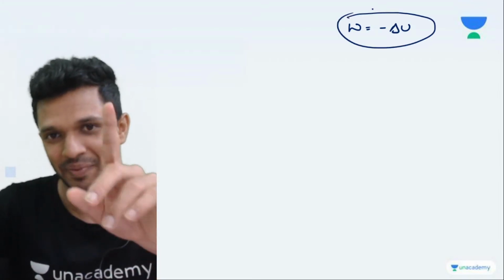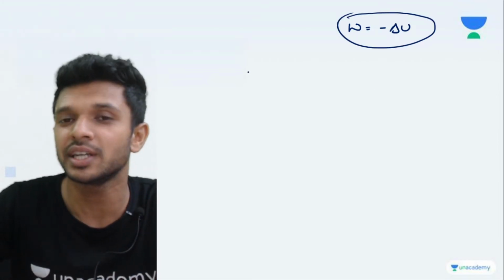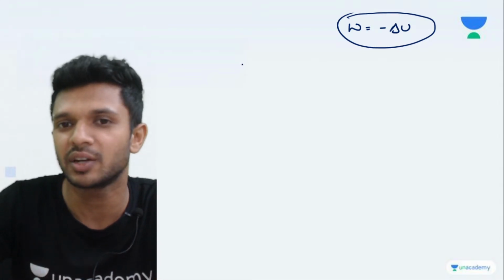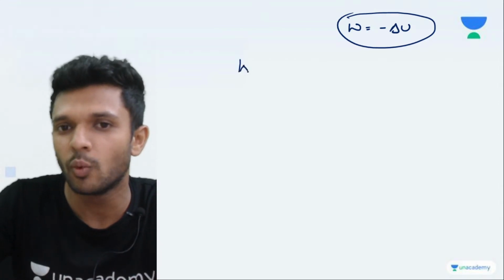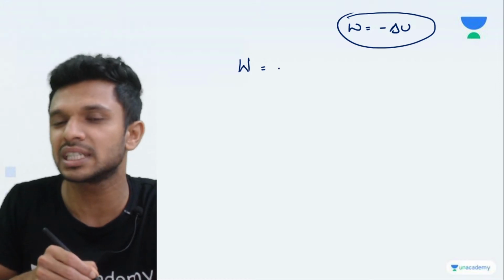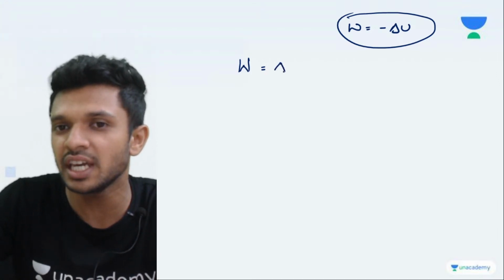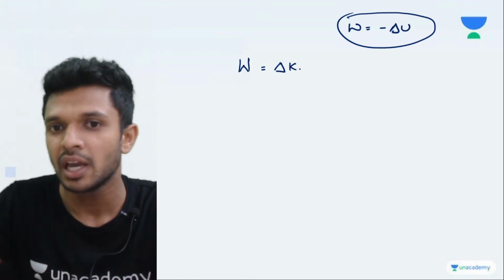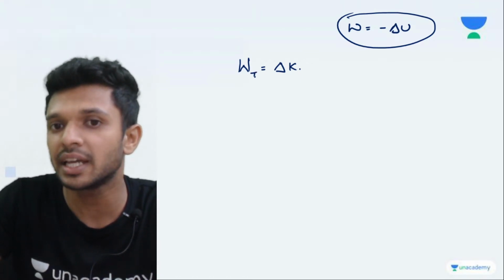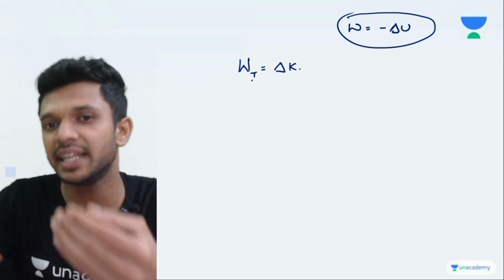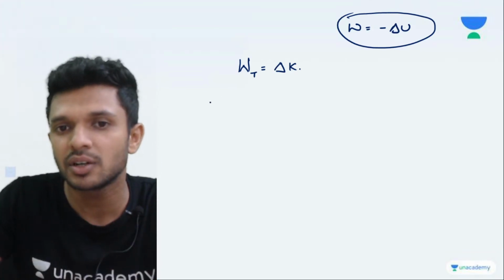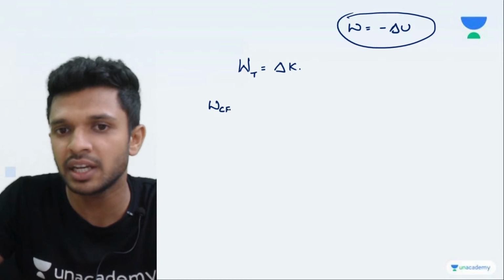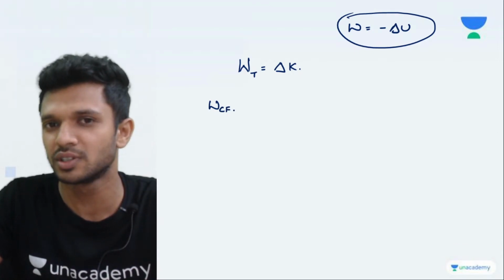Not at all. So let us look into the equation of the work energy theorem once again. What does it tell you? Work done by all the forces is equal to the change in kinetic energy. This is what I just told you, right? Once I talk about work done by the total force or work done by the net force, there comes work done by the conservative force. You remember conservative force, right?